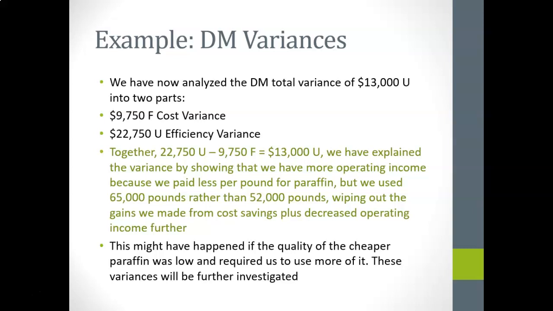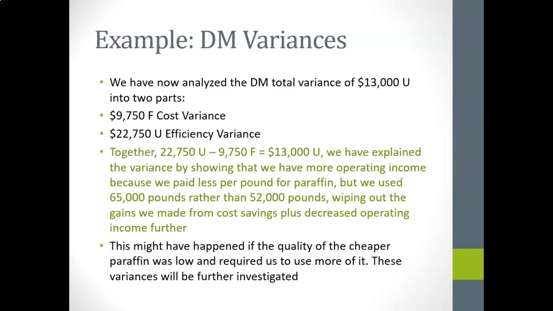Here we have a 97.50 favorable and a 22,750 unfavorable. So we're going to subtract. So the 22,750 unfavorable minus the 97.50 favorable is 13,000 unfavorable. So that matches our total variance. So we did good.